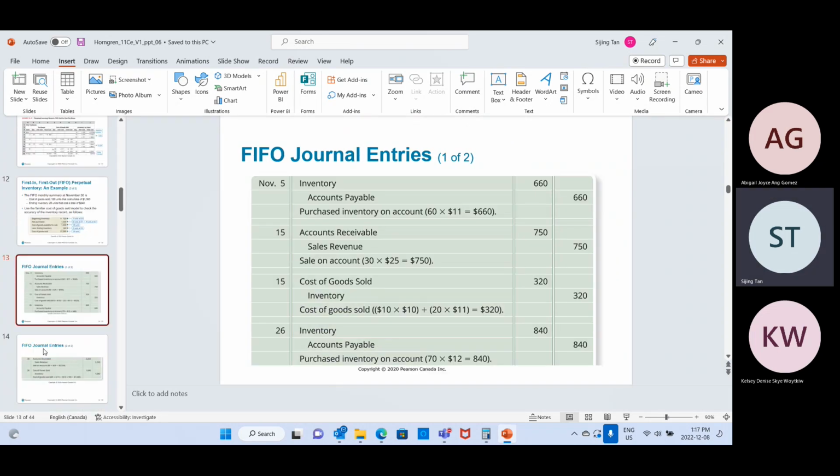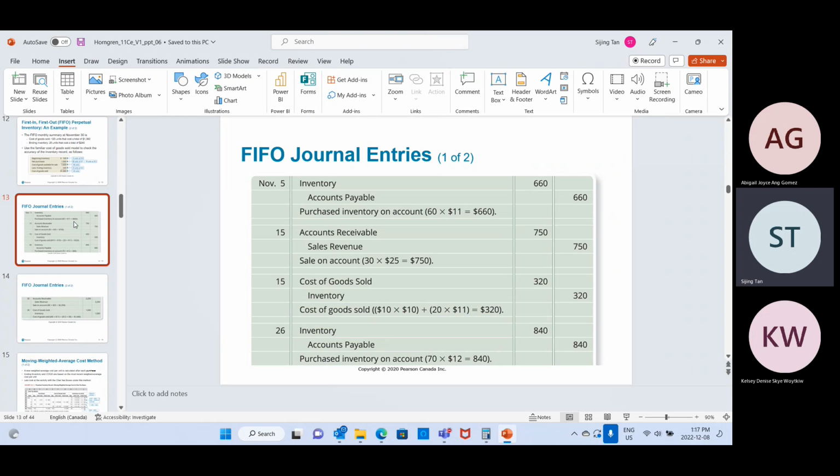Now, the FIFO journal entry. We don't need to go through this one-on-one because you already know that. Simply, you purchase inventory on account, we debit inventory, credit accounts payable. Then we sell on account, we debit accounts receivable, credit sales revenue. Remember, always if you sell inventory, there are always two journal entries, right? So we debit cost of goods sold, which becomes an expense, and credit inventory.